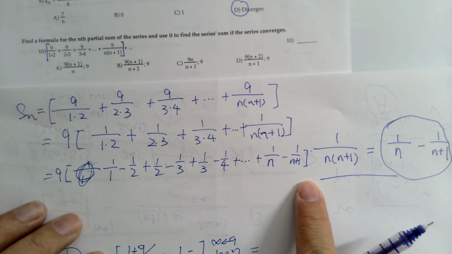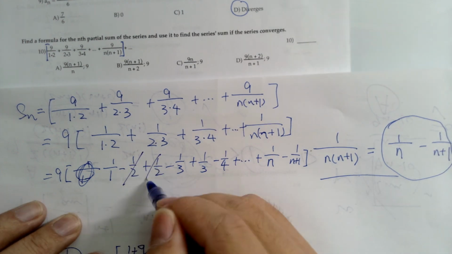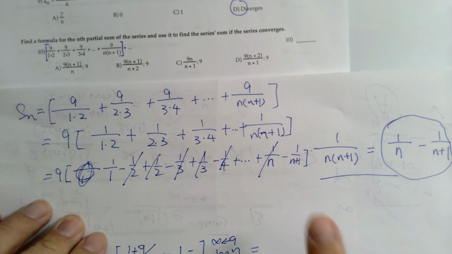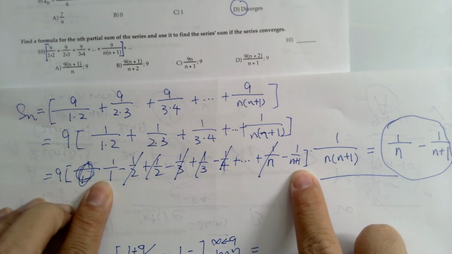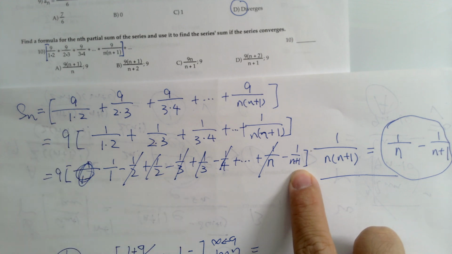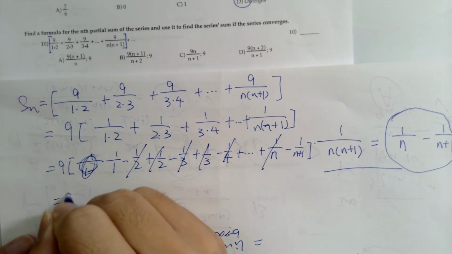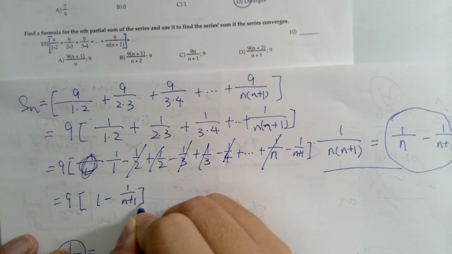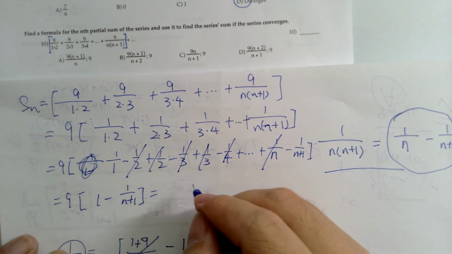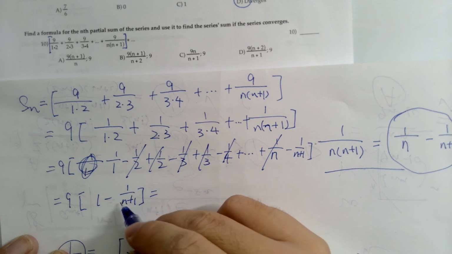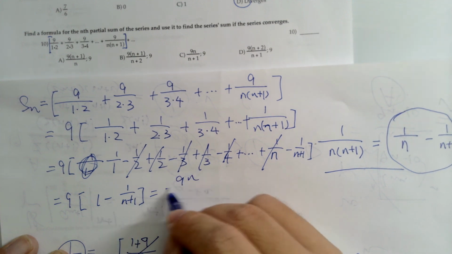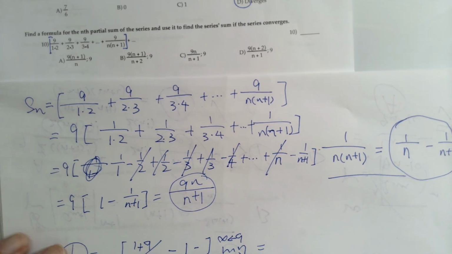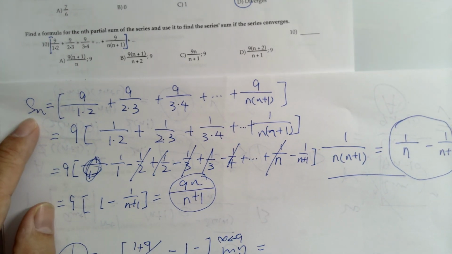Starting from here, you're going to have so many cancellations. Except the head and tail, which are the only two survivors. So we're going to have 9 times 1 minus 1 over n plus 1, and it turns out you can simplify this to n over n plus 1. Hence it's 9n over n plus 1. So that is our nth partial sum.